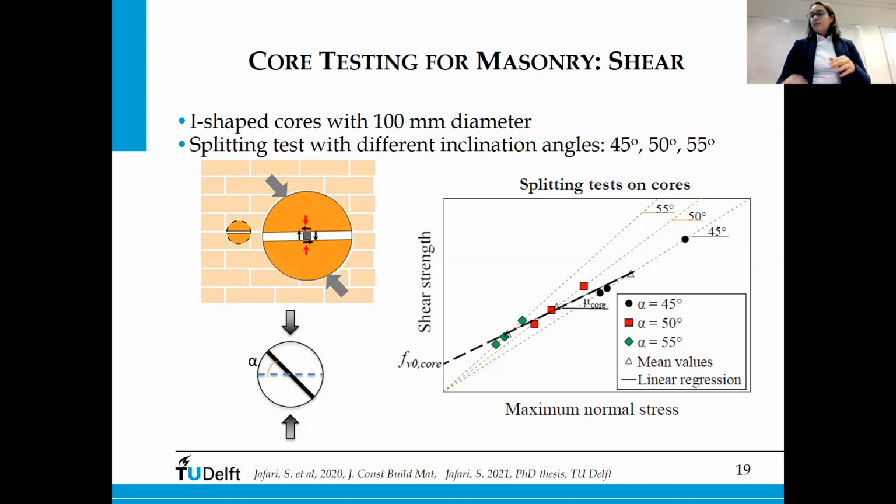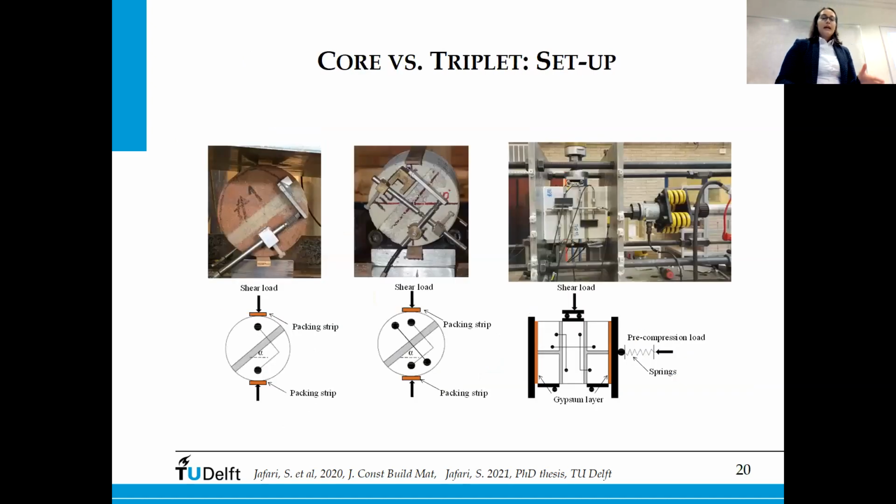In this way, it would be comparable to a triplet test, where we have lateral pre-compression and we shear off the central brick. At the beginning, for the core testing, we were simply controlling the vertical displacement of the jack. But later, in the attempt to also get the post-peak response in shear, we controlled the sliding along the bed joint.